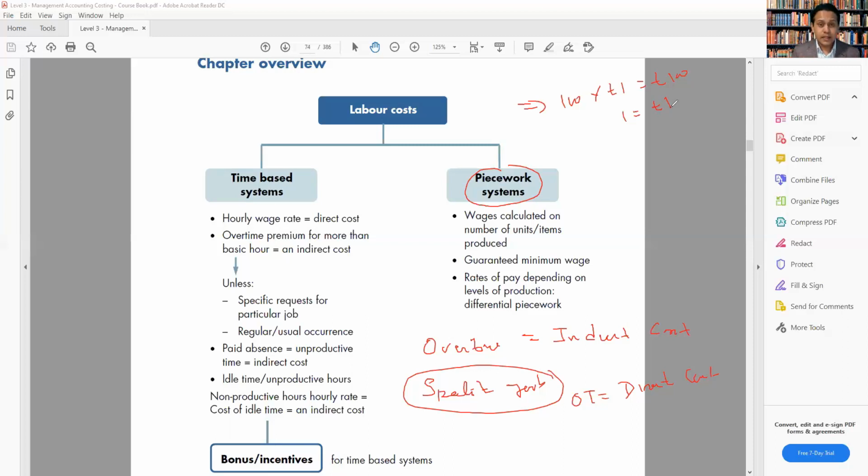The less you make, the less the payment will be. The time based system is all about how many hours you have worked. If you work 10 hours, you multiply by how much is the per hour rate. If you work 8 hours, you multiply with that. But the piecework system does not depend on your hours. It doesn't matter how many hours you worked.